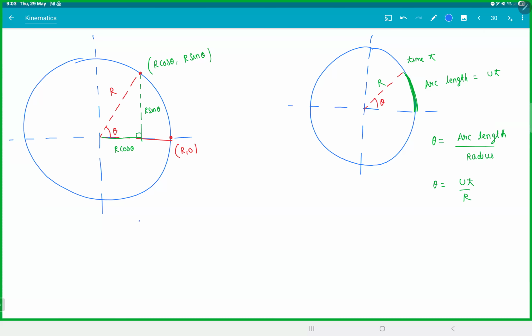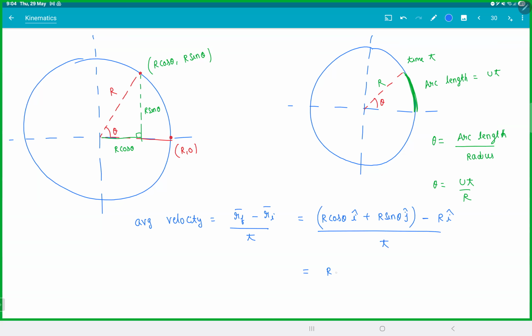So then you're done. Average velocity is displacement, that is your final position vector minus initial position vector, by time. So Shreyansh, you forgot to subtract the initial one. So r final will be r cos theta i cap, r sin theta j cap, minus r i cap, by t. Yeah, you can leave it like this.